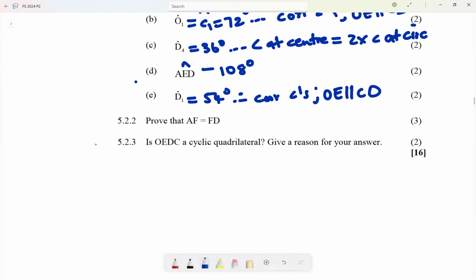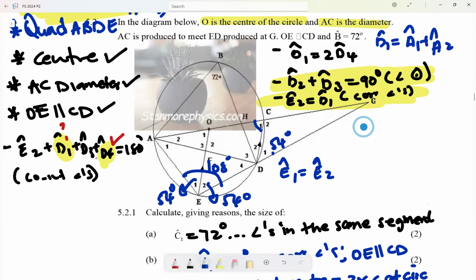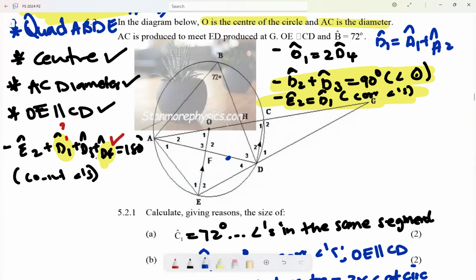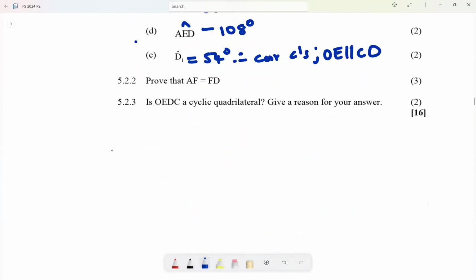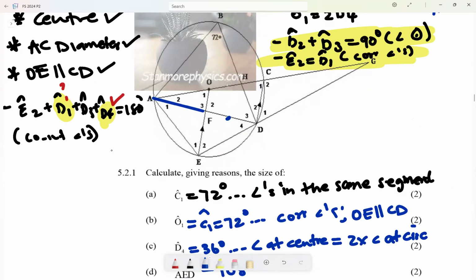Prove that AF is equal to FD. Where is AF? I'm trying to prove that AF here is equal to FD here.